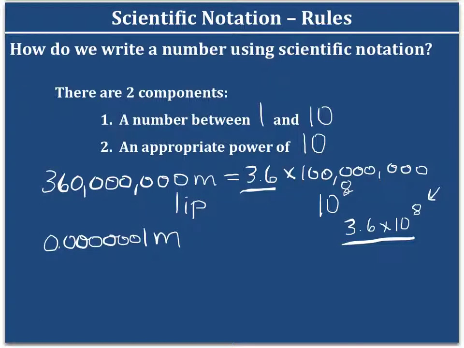So in this case, we actually need to move right. So we're going to go 1, 2, 3, 4, 5, 6, 7. All right, so we moved 7 in order to get the number 1. So it's 1 times 10. Now it's not 10 to the 7th. We moved right to get into scientific notation, so it's 10 to the negative 7th.